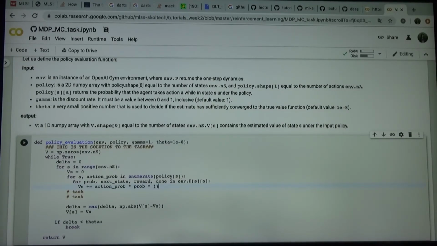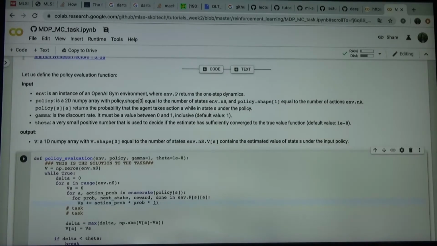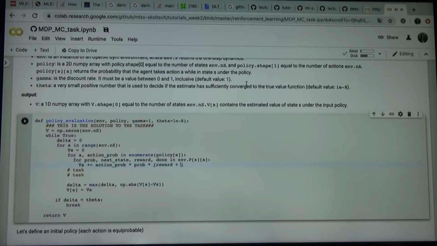multiplied by the reward plus gamma, but in our case, because it's an MDP, gamma will be 1, which is a discounting parameter.